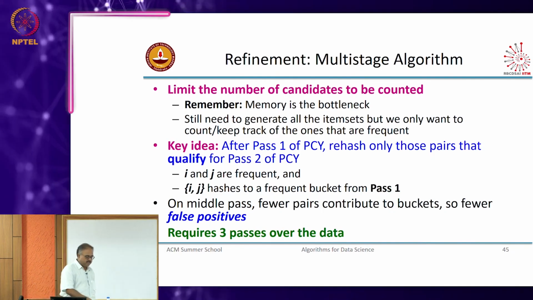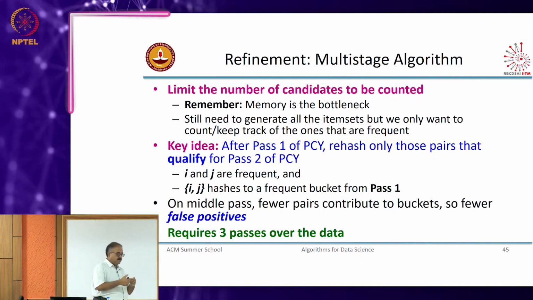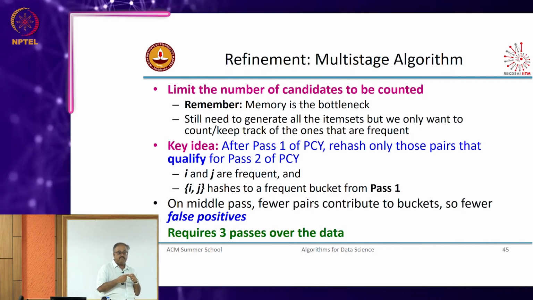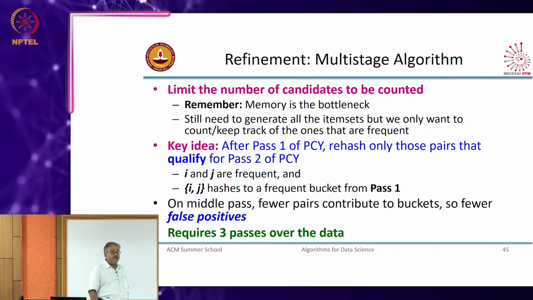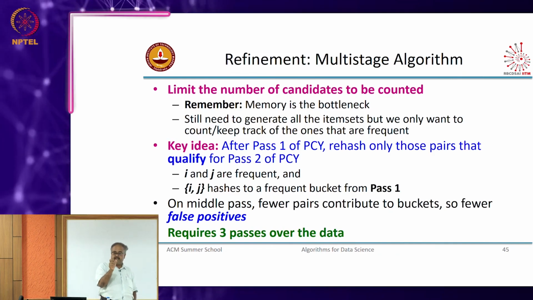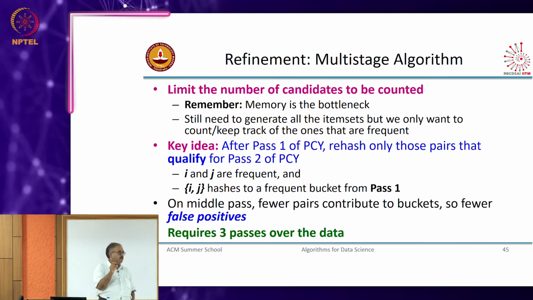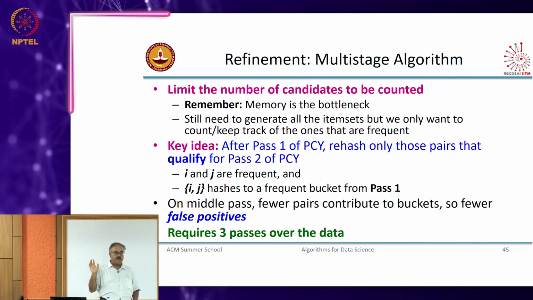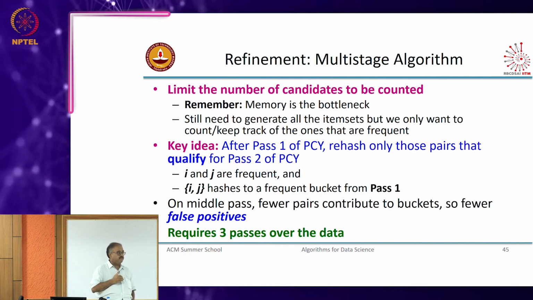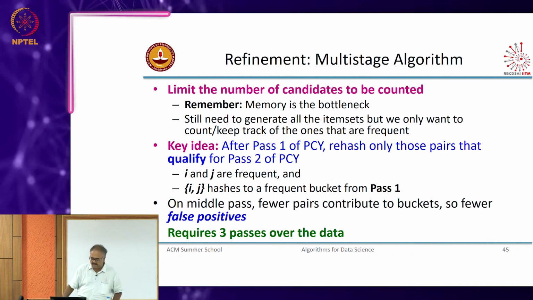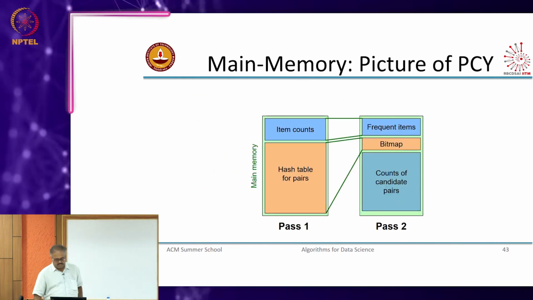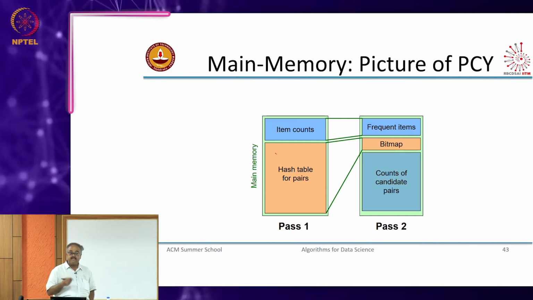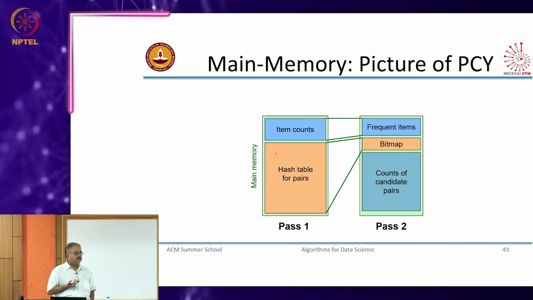So what did we do in the PCY algorithm? In the first pass, we tried to keep track of frequent pairs. Whether or not a pair was already in C2 according to the a priori algorithm, I was hashing it into a bucket. This bucket hashing happened in pass 1, which means I do not have the counts of the individual items yet.